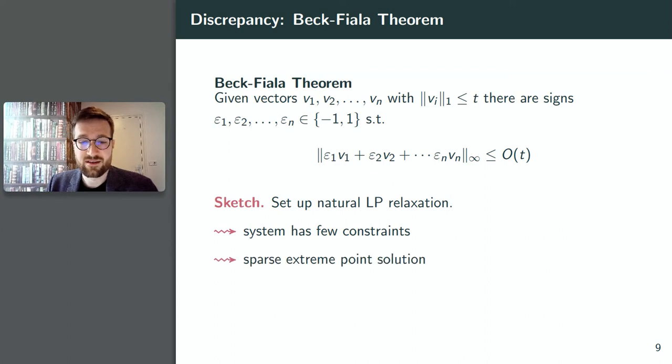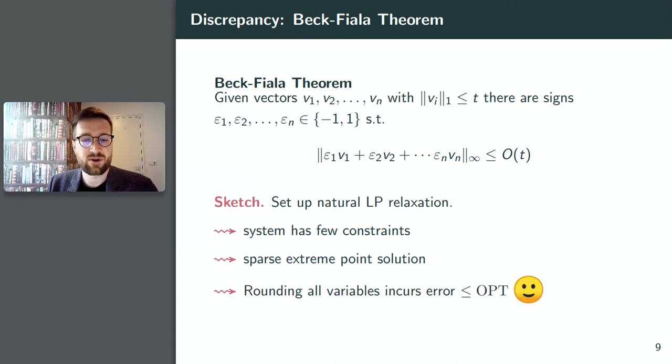They can use that to find a sparse extreme point solution, so an extreme point where many of the variables are already -1 or 1, and then they can round the rest and round all the variables, inducing only an error of order of t, and get only order of t as a final discrepancy.